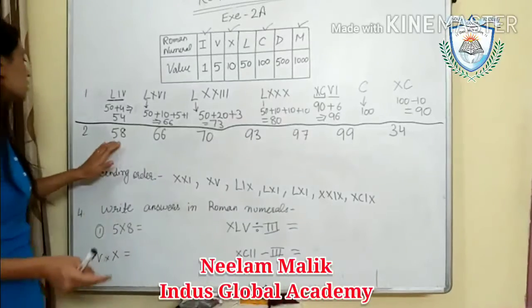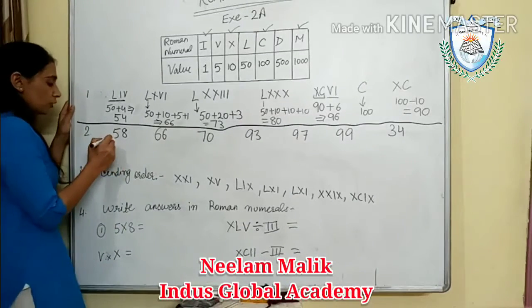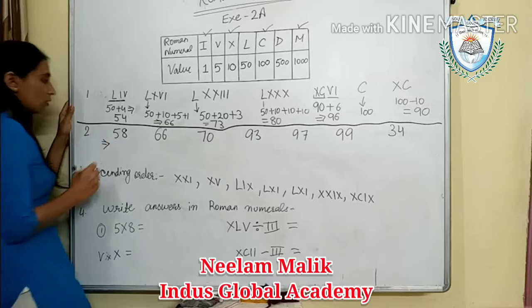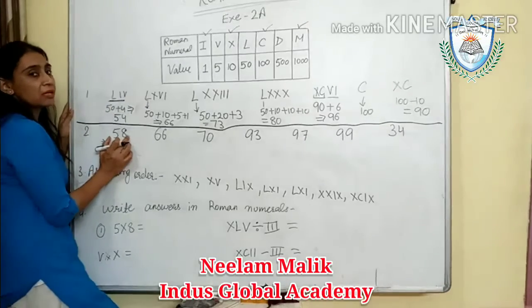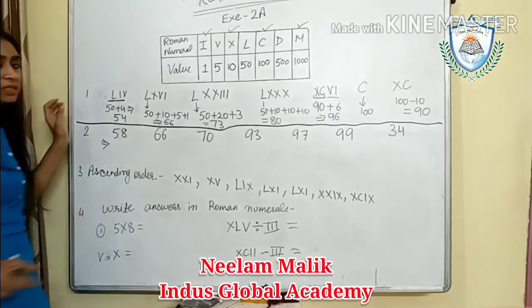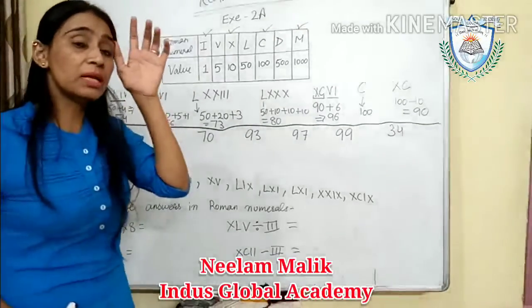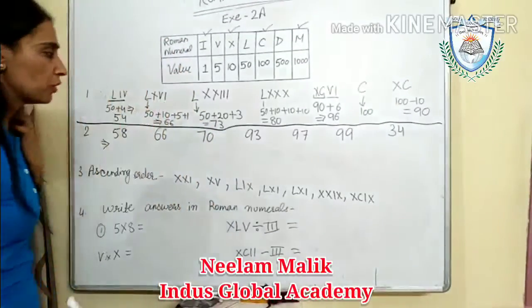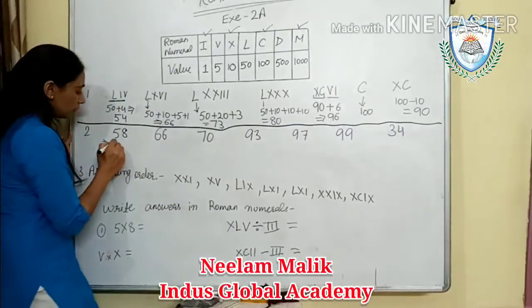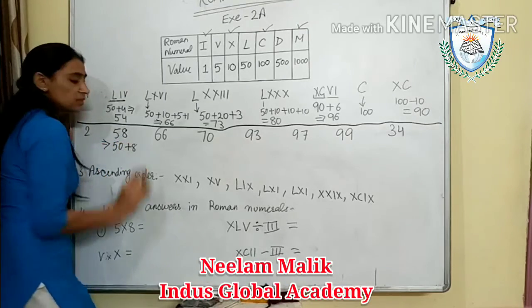Okay. So first is 58. How to convert this into Roman numerals? First we will break the value of this number, like you write in the place value system. So 58, how can we write? We can write 50 plus 8.